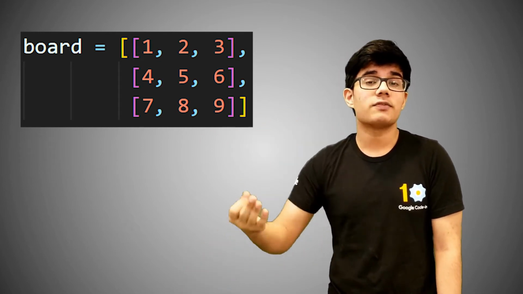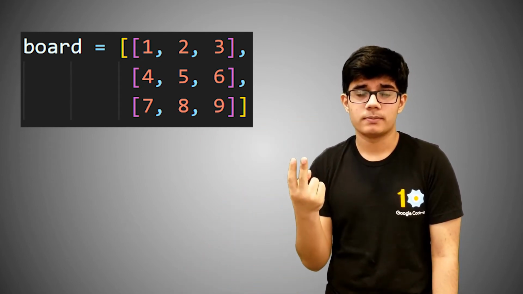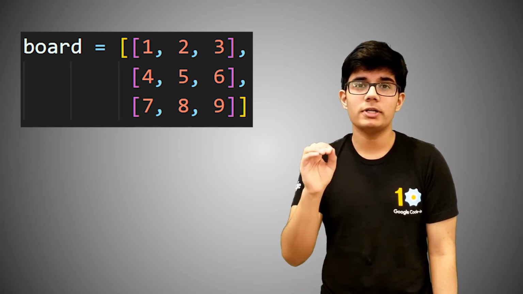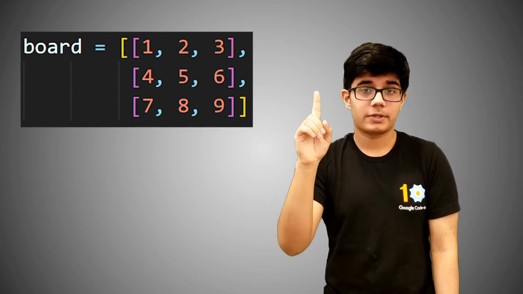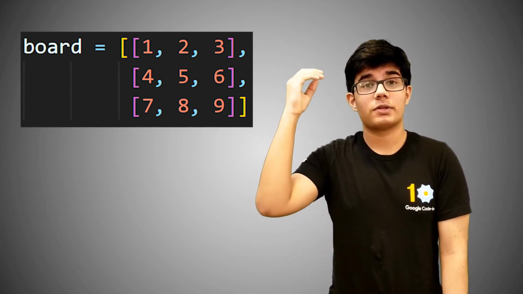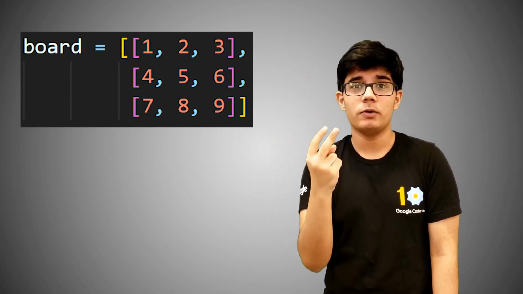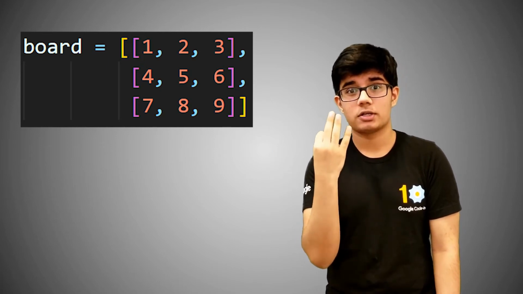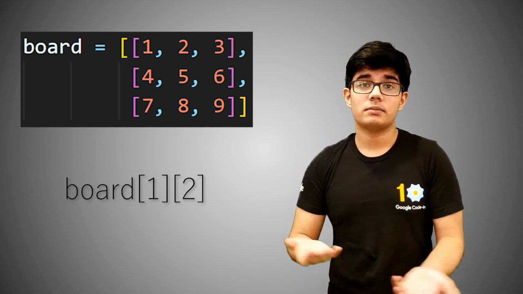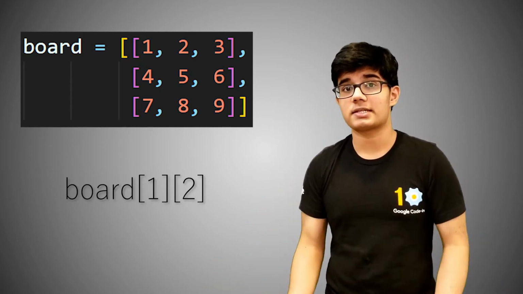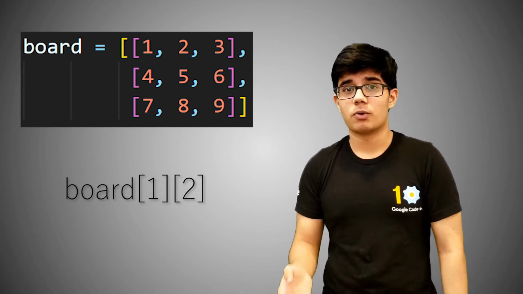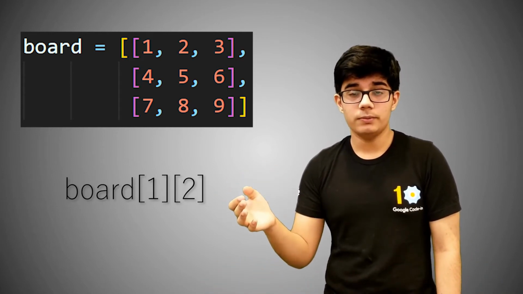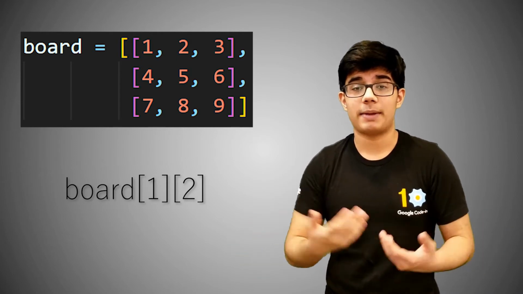And the index of the third column is 2. So I can do board 1 because of 6 being in the second row, and then 2 because of 6 being in the third column. That essentially gives me 6. So if I write print board 1, 2, I get 6 back out.